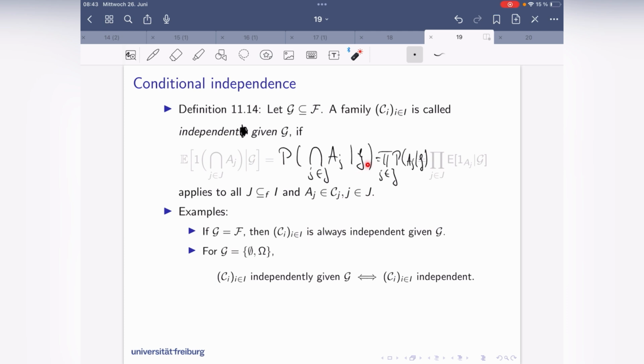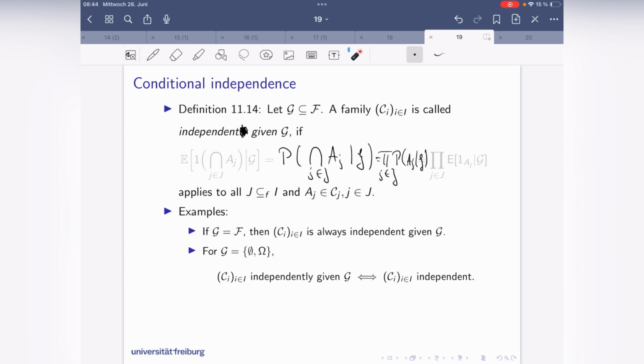The only difference is that I condition both sides on another sigma algebra G. And then we say, given the sigma algebra G, the events A_j are independent. Of course, if that applies to all A_j, we say that the A_j's are called independent. And as usual in independence, we do that for all finite subsets J of our index set I. And that's fine then.